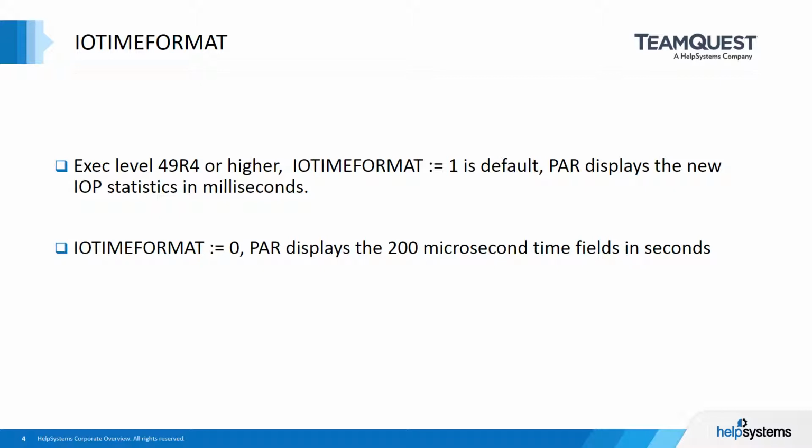A new parameter, IOTIMEFORMAT, defaults to 1 for the new IOP generated times. The user can set the IOTIMEFORMAT to 0 to produce the report using the 200 microseconds times. The IOTIMEFORMAT parameter applies to all SCSI or IOTRACE reports.